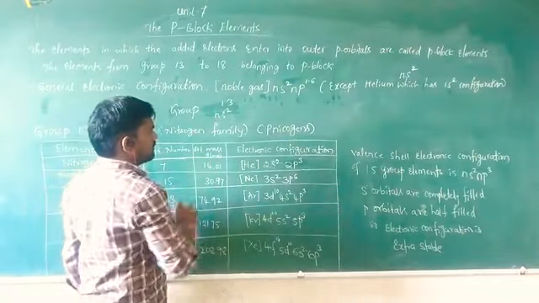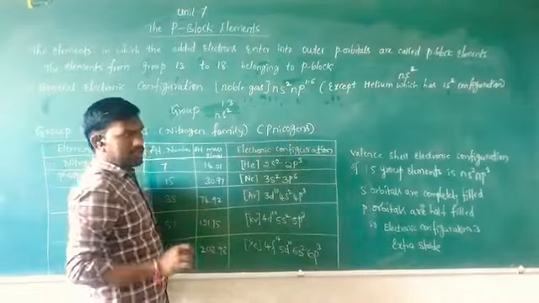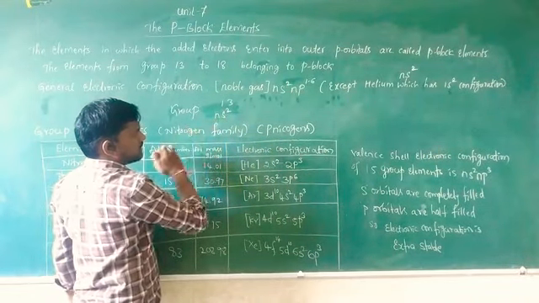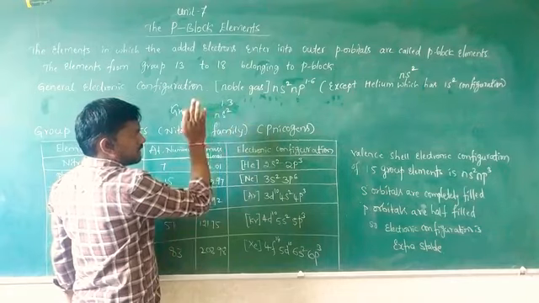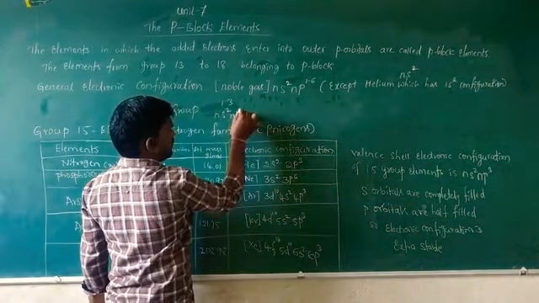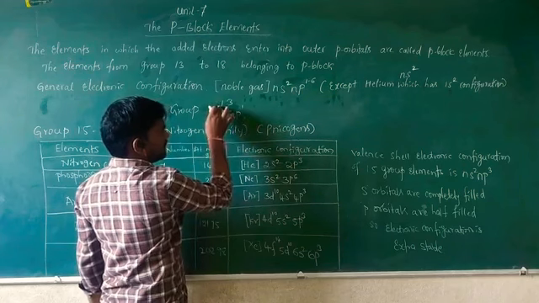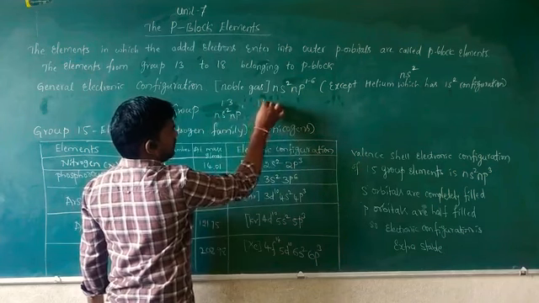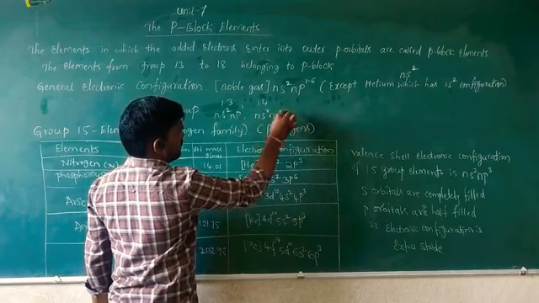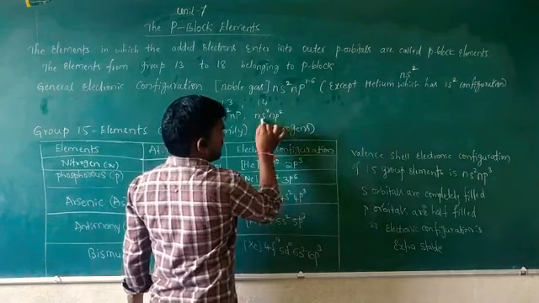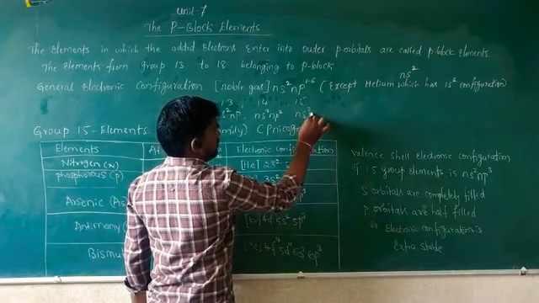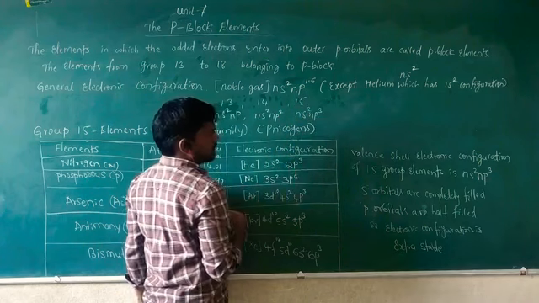Here n is the principal quantum number, indicating the period. The s orbitals are completely filled and the p orbital has 1 electron, np1, for group 13 elements. For group 14, ns2 np2.